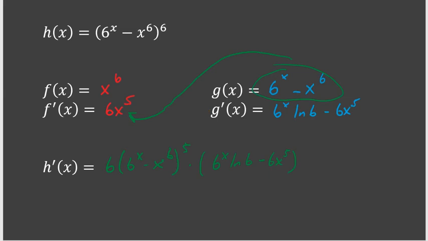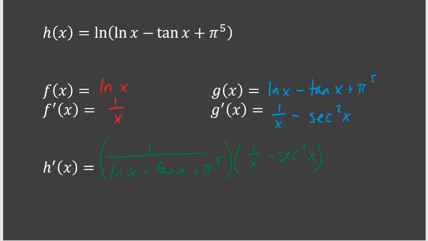The second example that we saw, we had some function of x being raised to some power. This is one of the three main special cases you can get when seeing a chain rule problem. The second of the special cases of chain rule you can possibly see is when you're taking the natural log of some long function of x.